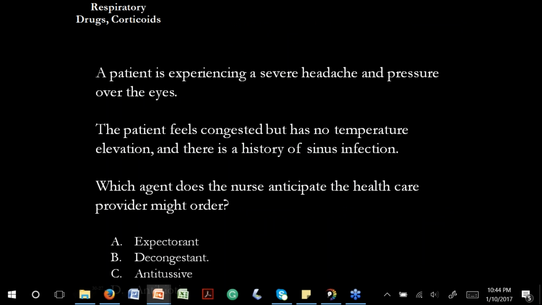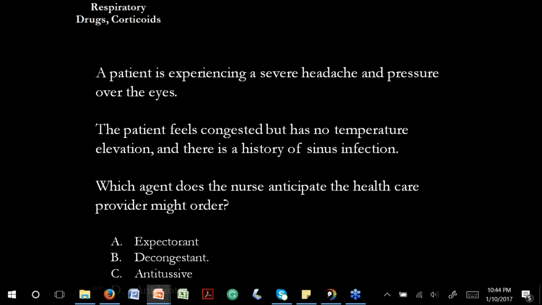A patient is experiencing a severe headache and pressure over the eyes. The patient feels congested, has no temperature elevation, and there is a history of sinus infection. Which agent might the nurse anticipate the healthcare provider ordering?